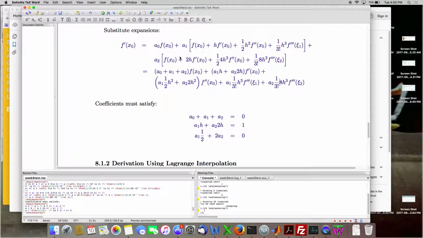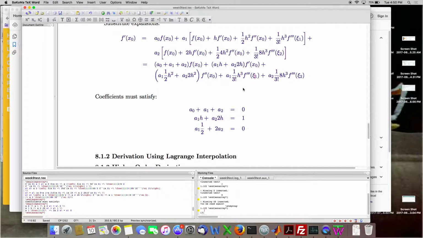So what I'm going to have here is, this is my exact value, this is what I want, f prime x naught. So my approximation is going to come from a0, a1, and a2, and then we're going to have something left over. That's going to be the error term. And once we have values for a1 and a2, then we can get an idea of what that error is supposed to be.